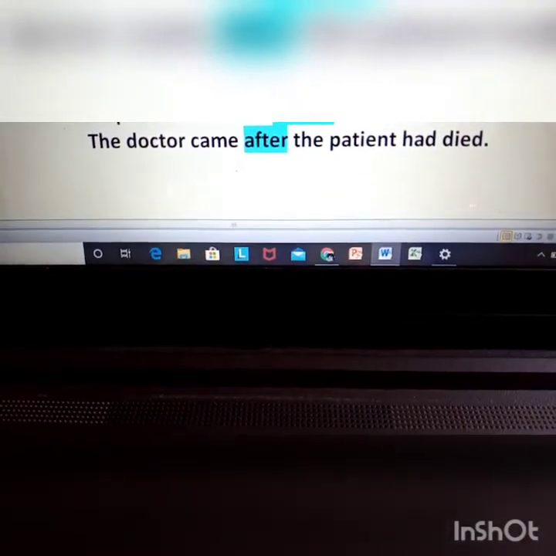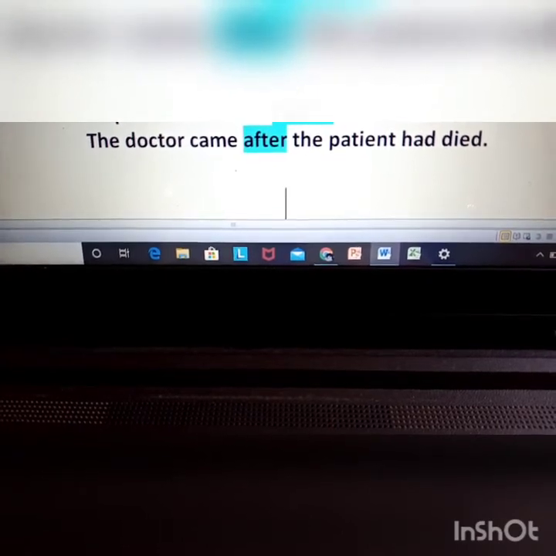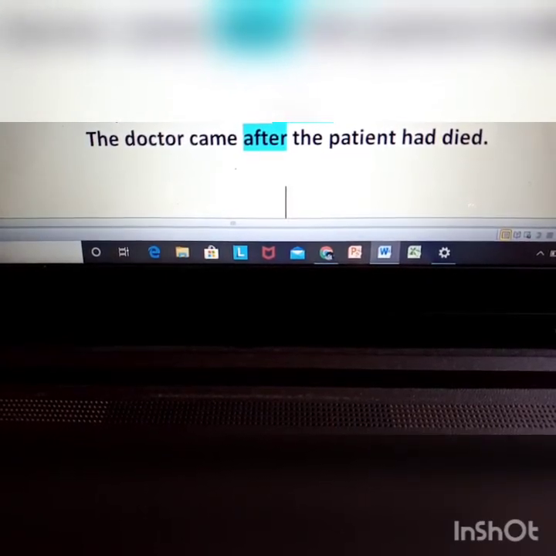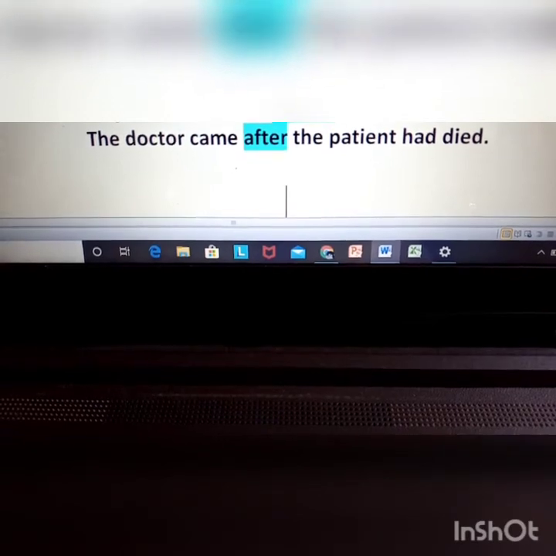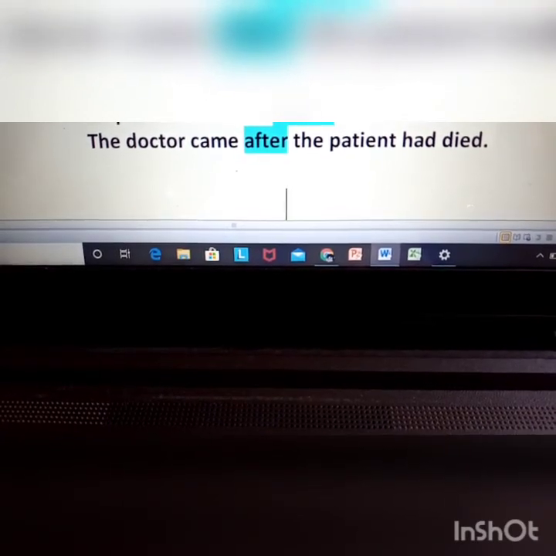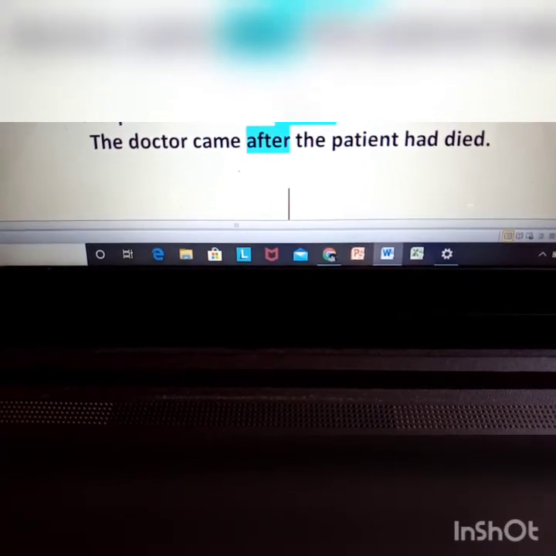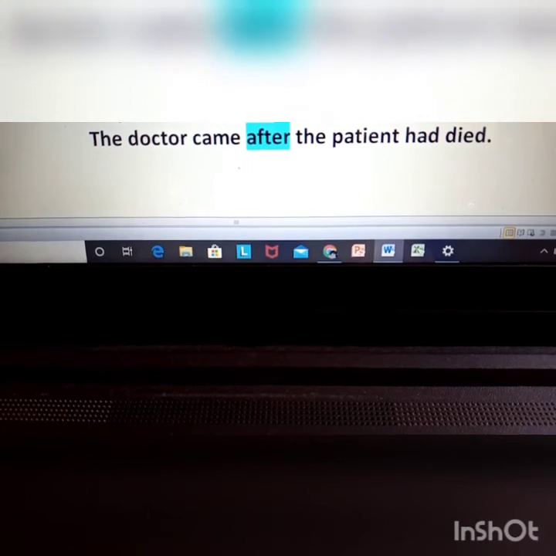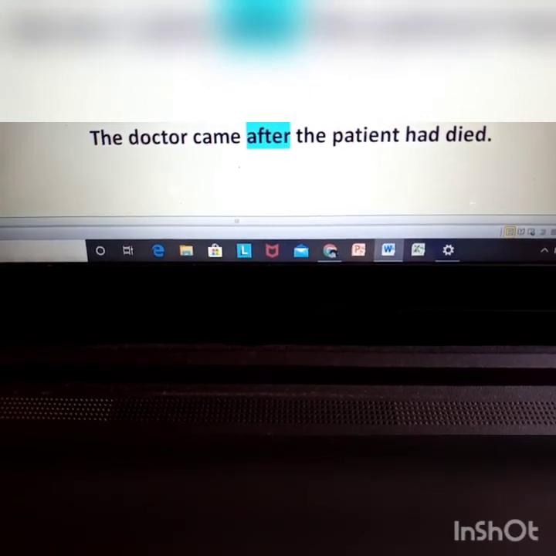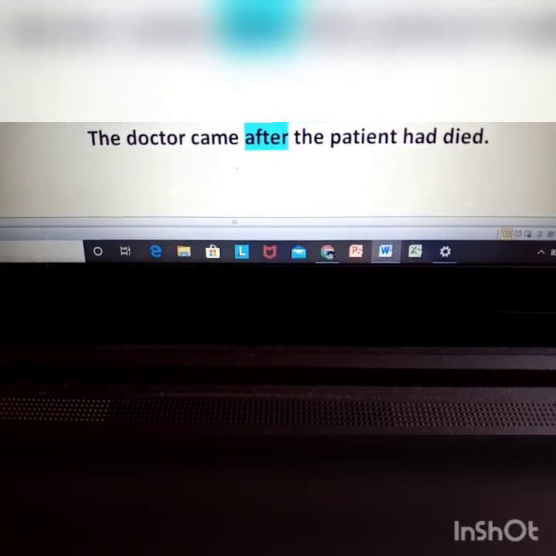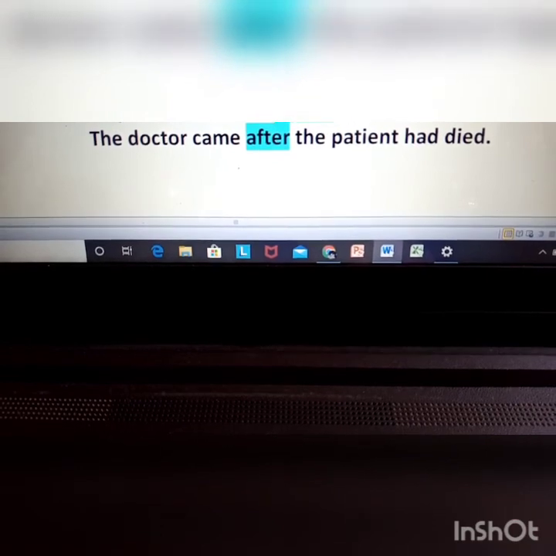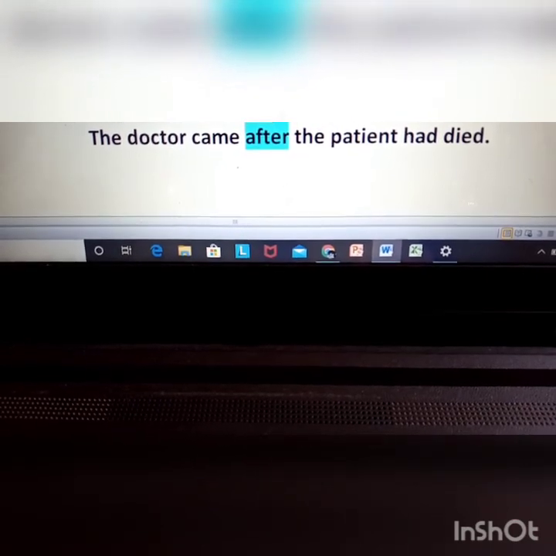The same case we can see in the second example: the doctor came after the patient had died. That means the doctor came occurred later, that's why it is in past indefinite tense. And the patient had died occurred first, that's why it is in past perfect tense.